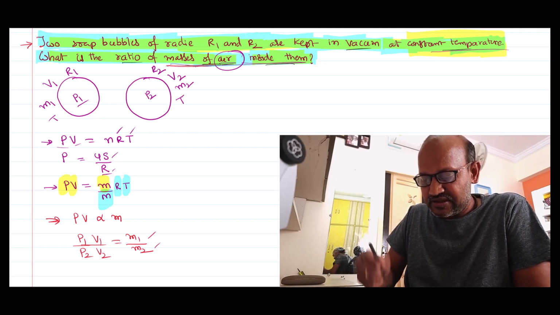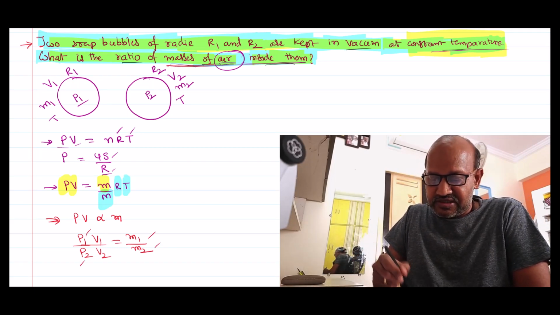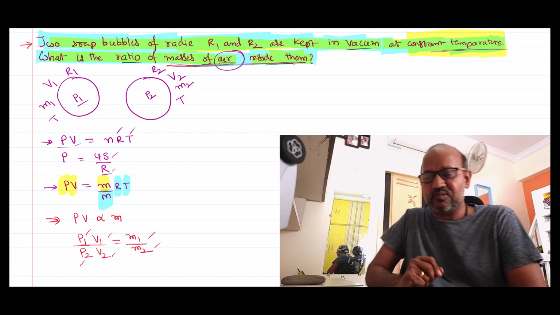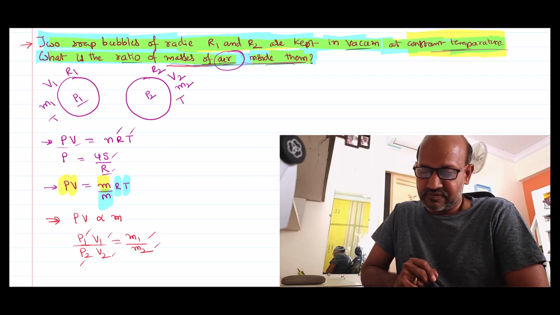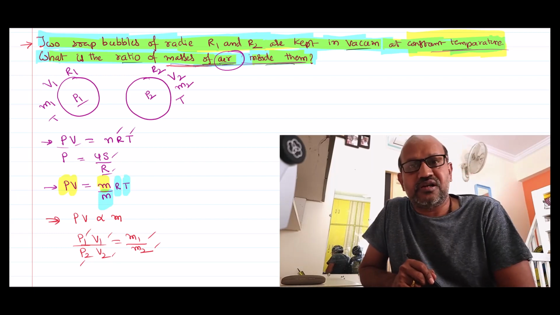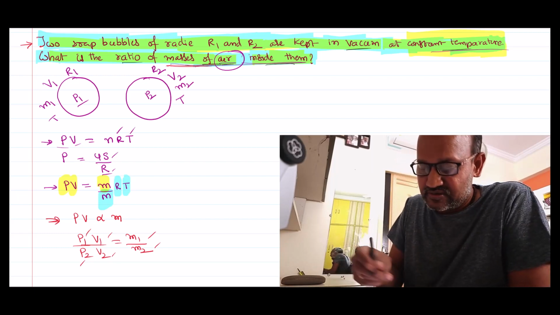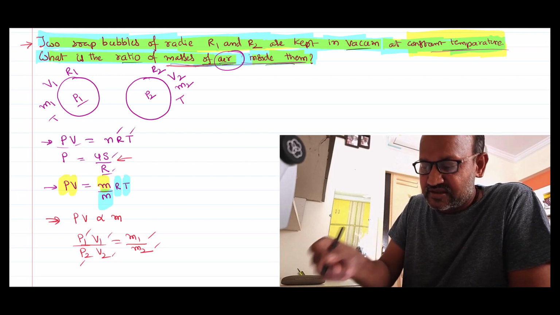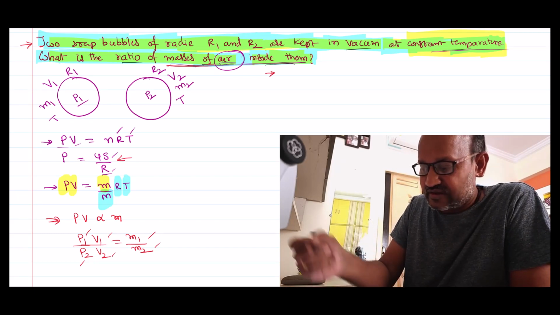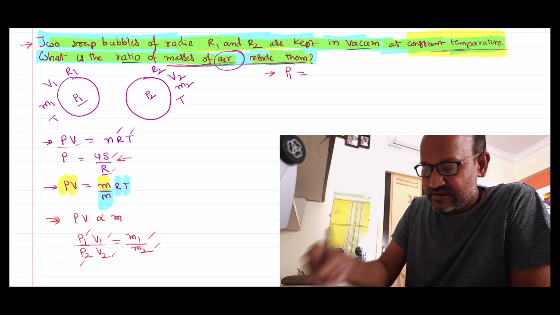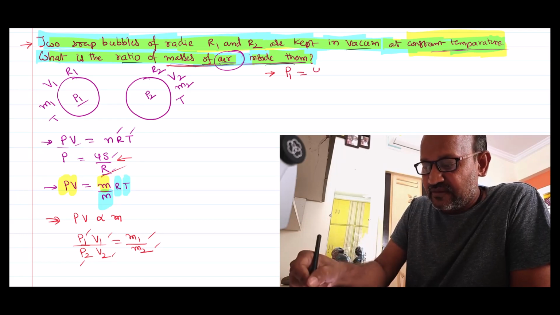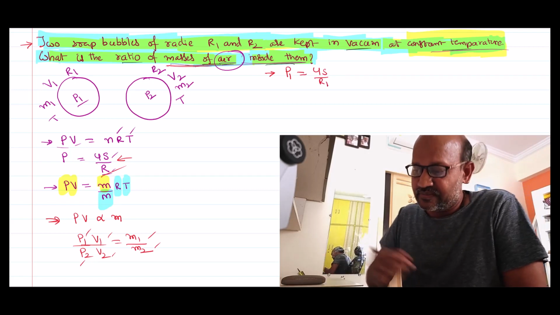To find the ratio of the masses, we write it as the ratio of pressures and volumes. As I told you, the excess pressure inside the soap bubble is due to the surface tension, and we can write P1 as 4 times surface tension by R1.